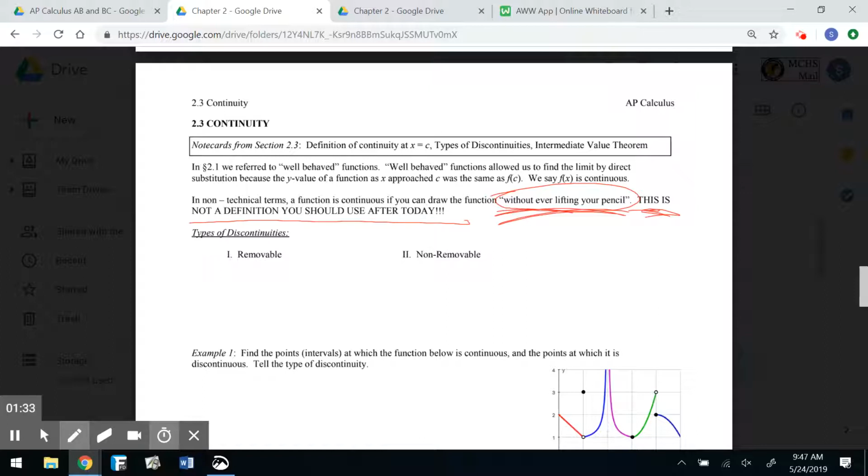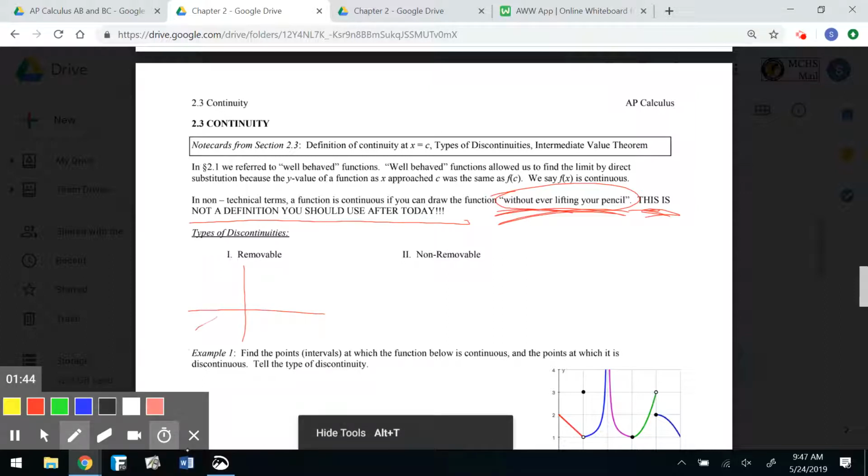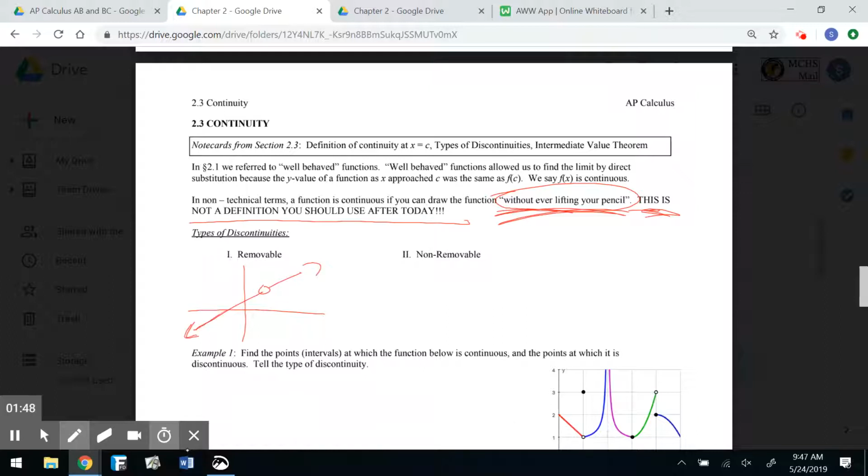The best way to introduce ourselves to continuity is we look at discontinuities. We have two main types that we deal with in AP Calc and functions that we are going to be looking at. One of them is a removable discontinuity. If you notice when I drew this, I had to pick up my pencil, or my red pen, to draw it.